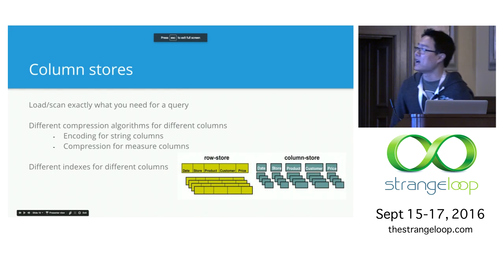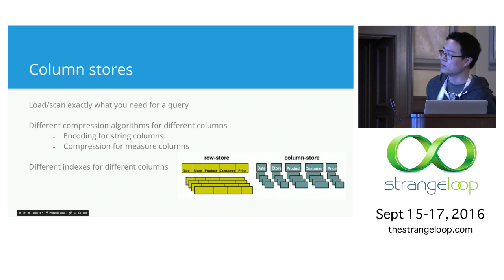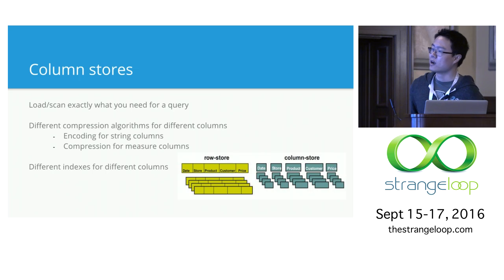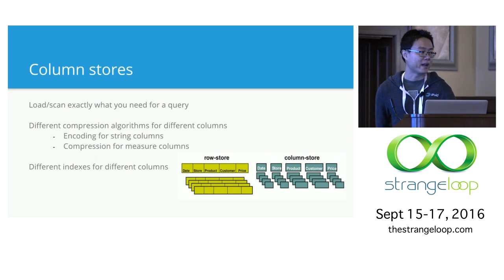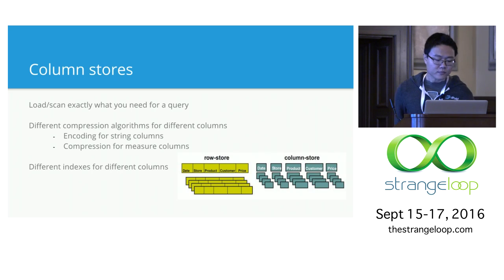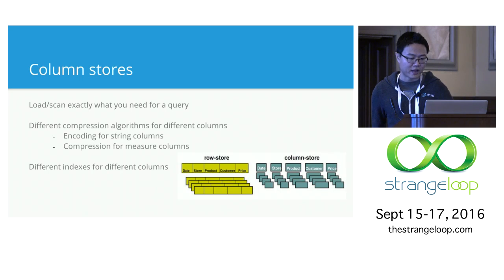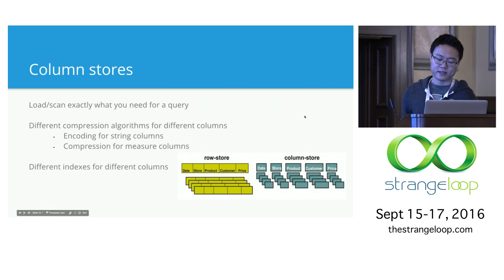So the last class of systems I want to talk about are column stores. And I think really over the last year or two, column stores have been accepted as the proper way of doing aggregations and doing some of these OLAP analytics on data. And the reason for that is, the way that column stores store data is, as opposed to a row store, which is what most relational databases are, you store data individually as columns.